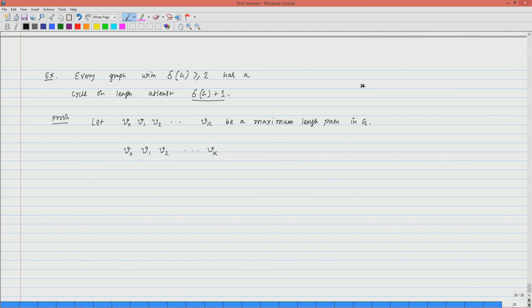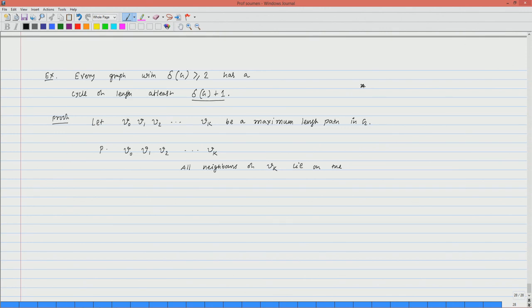Well, since this is a maximum length path, I can claim that all neighbors of Vk lie on the path.